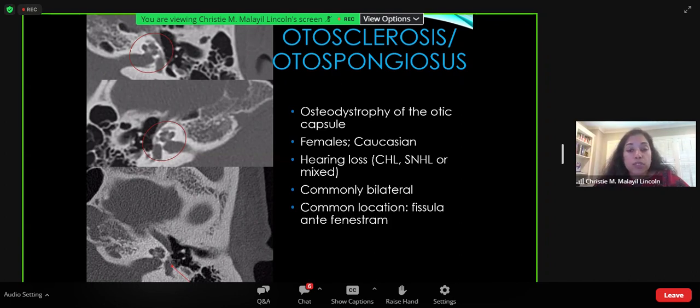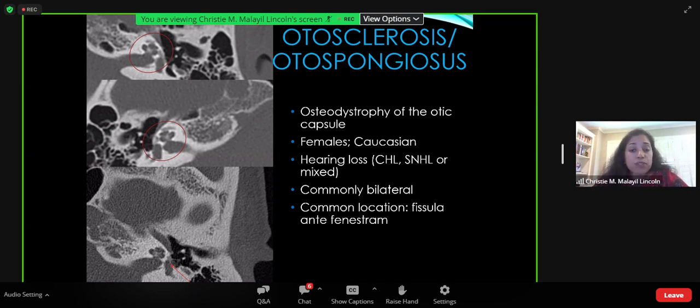So the otic capsule is normally composed of an inner layer of endosteum and an outer layer of periosteum, with a middle layer of persistent primary endochondral bone. In otosclerosis or otospongiosis, which is the term I like, basically what happens is there's resorption and replacement of the dense bone with spongy vascular bone.